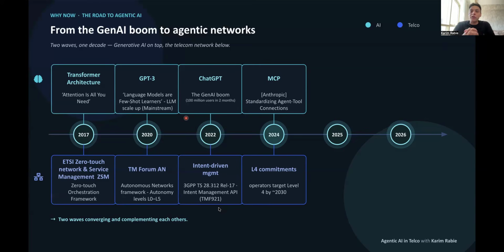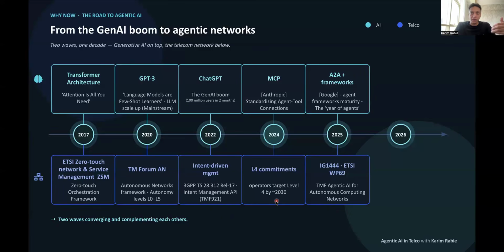In 2024, we also started to see MOUs, white papers and collaborative work by TM Forum and the operators. They said, you know what, we are all working to go to L4 of autonomy, and L4 refers to nearly fully autonomous operations, and we will see that also in the webinar.